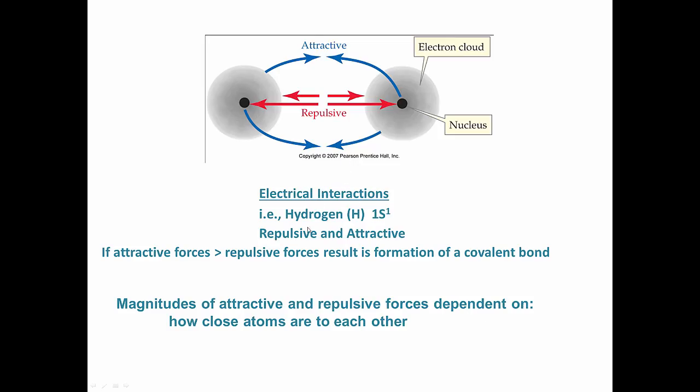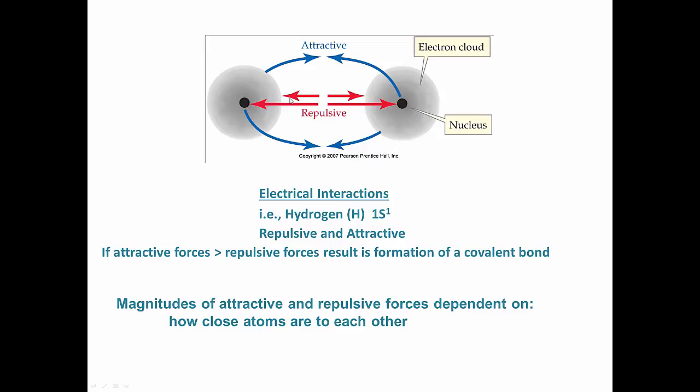So what's going on when a covalent bond forms? Well, think about it. There are attractive forces and repulsive forces. You think of 2 hydrogen atoms, and we have the 2 nuclei, and those 2 positively charged nuclei are going to repel one another.